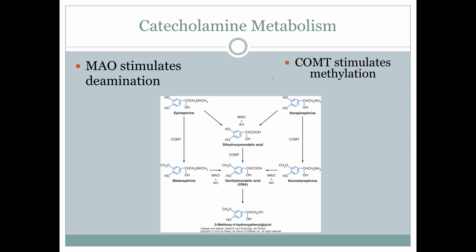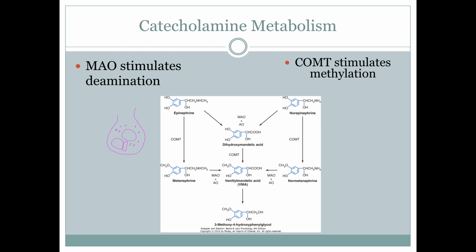So MAO and COMT. The way that MAO technically works is that inside of a nerve terminal, when these things are being manufactured through the tyrosine hydroxylase pathway, when there's excess catecholamines, so if this was excess epinephrine, for example, the way that MAO works, it's associated with the vesicles, and it's an enzyme that's intracellular.